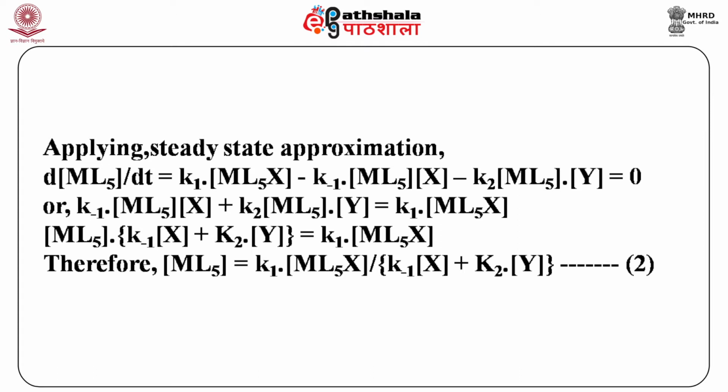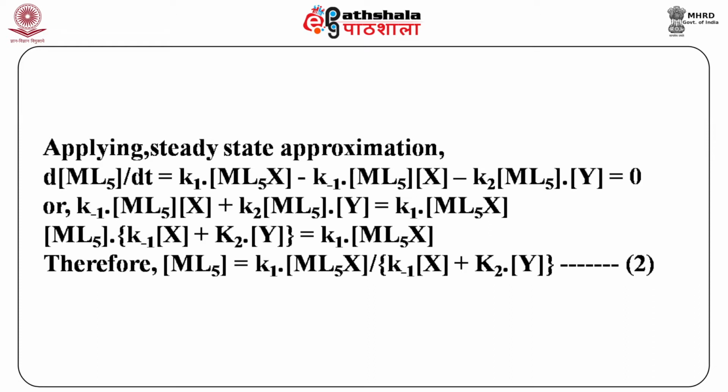So from this stage we can find the concentration of ML5 in terms of substrate ML5X, leaving group X and attacking ligand Y. So the concentration of ML5 will now become k1 into [ML5X] divided by k-1 into [X] plus k2 into [Y].